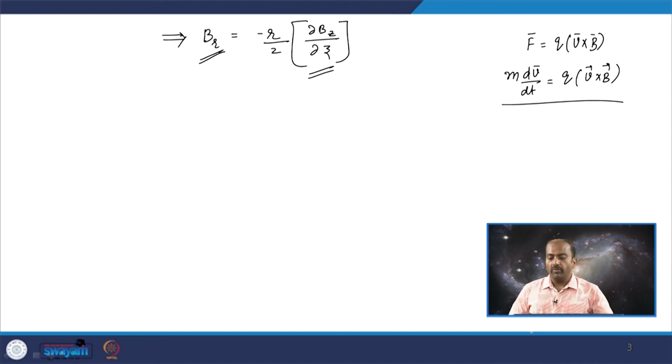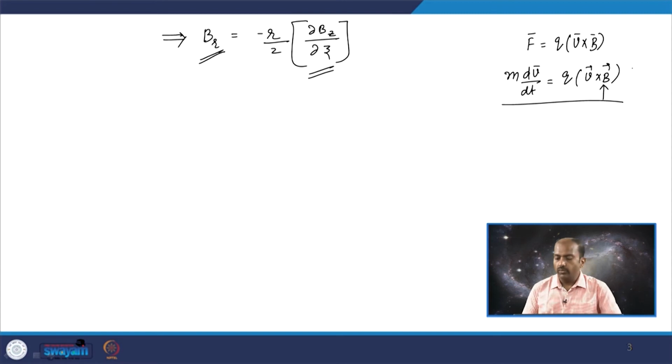So, if the magnetic field is changing with respect to space, in the first case we solved this equation directly, we got the solution as well, which indicated that the particle's velocity components will add in such a way to give a circular motion, and the Vz component will allow the particle to be travelling parallel to the magnetic field.